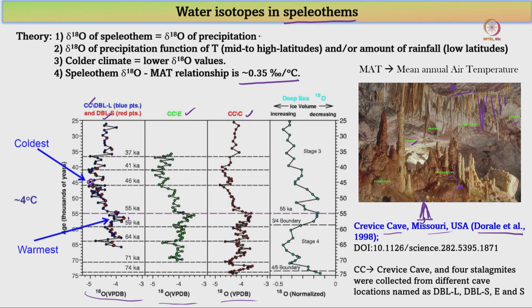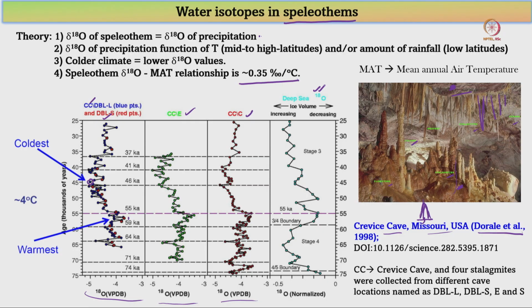So, this kind of record helps us understand how the air temperature has varied, and it has also been complemented with the deep sea ice record in the same time period.